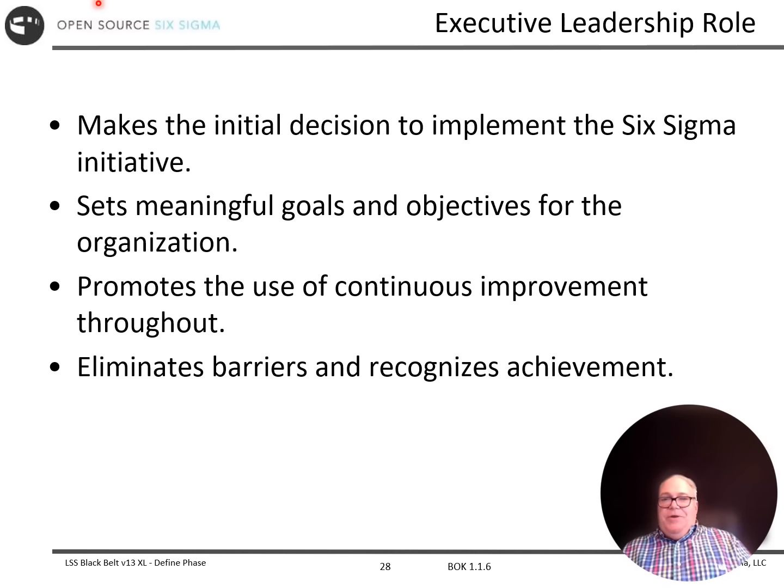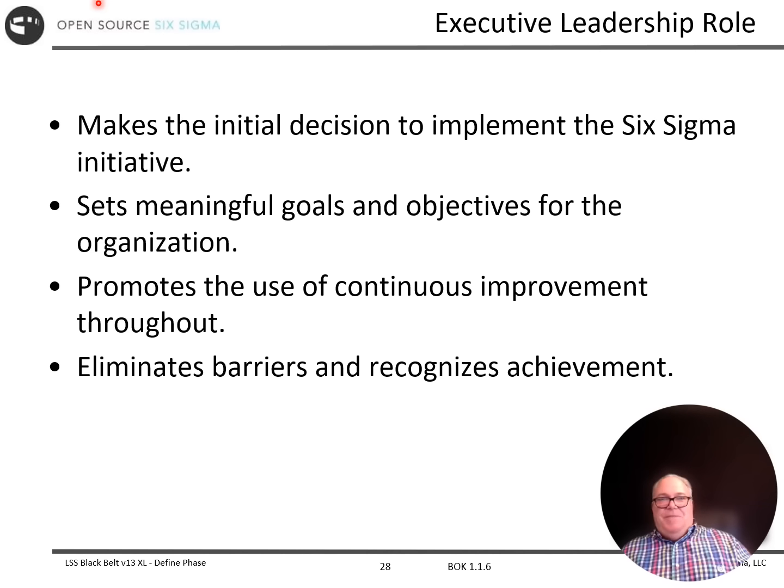Typically a deployment, or a decision to make continuous improvement part of the business fabric, starts somewhere close to the top. You saw in the history that it was driven by Bob Galvin at Motorola, Jack Welch at General Electric, and Larry Bossidy at Allied Signal.